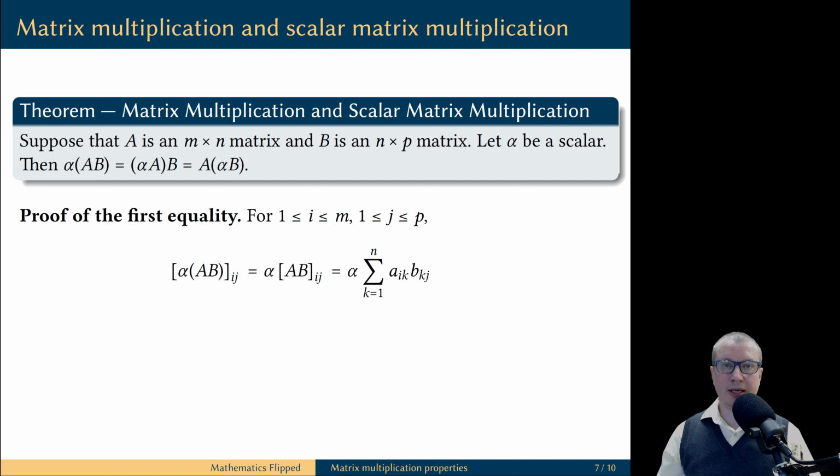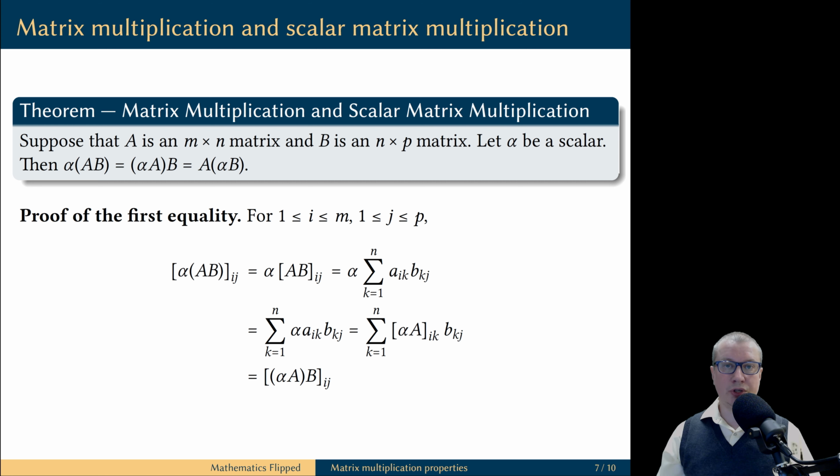Next, we apply the entry-by-entry formula for the entries in a product matrix. We take entries from row i of matrix A and entries from column j of matrix B. We are dealing with numbers now, and we know that multiplication of numbers distributes over addition. Next, let's notice that alpha times a_ik is the entry in position ik of the scalar multiple of the matrix A by the scalar alpha.